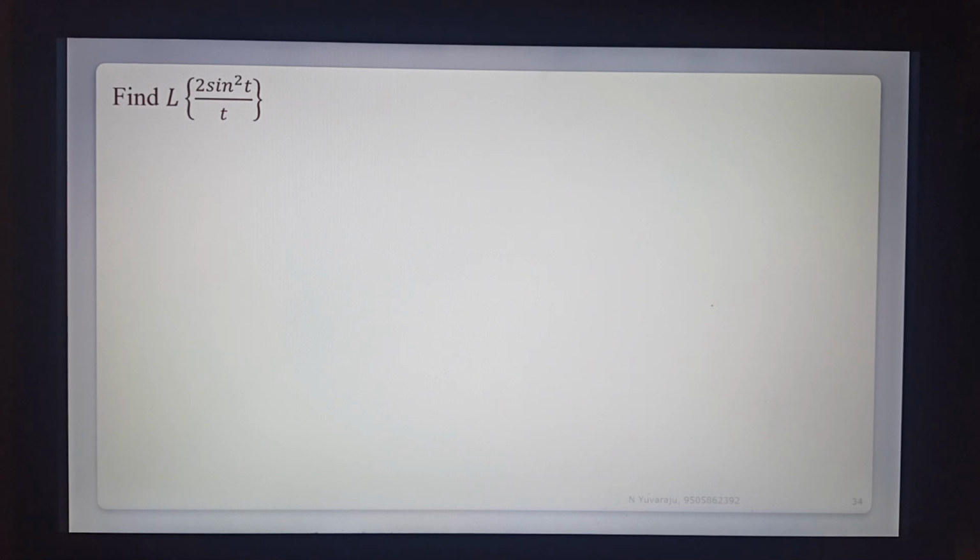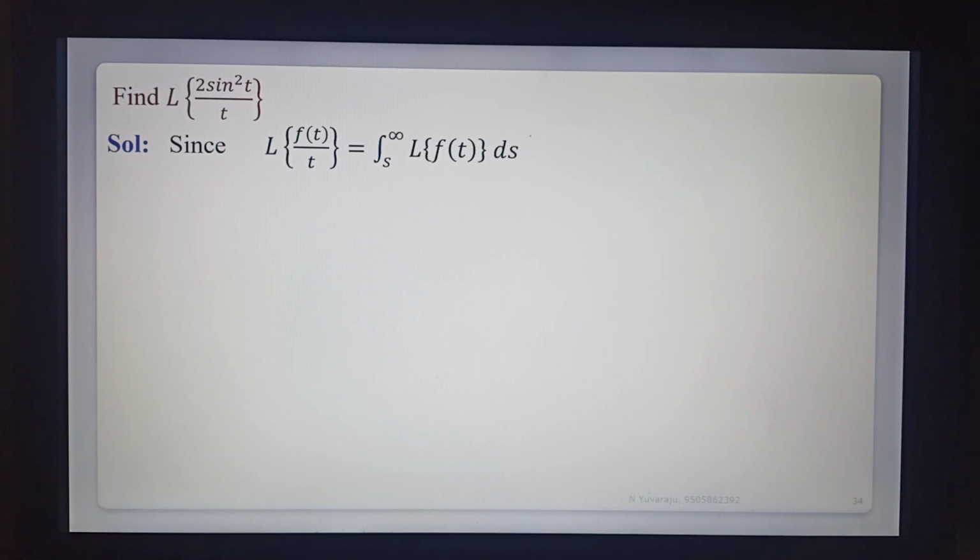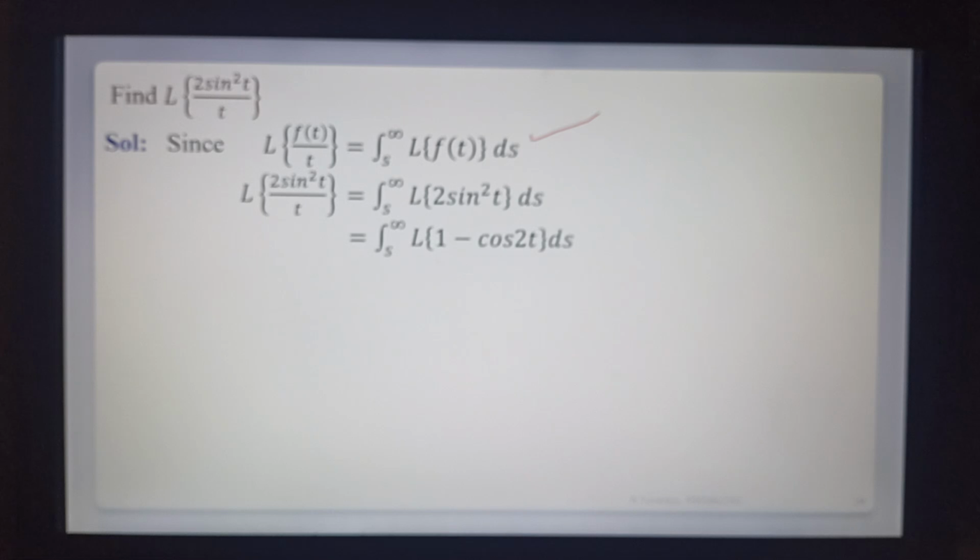So next one: find the Laplace transformation of 2 sin square t by t. Same formula, f of t by t. Since L of f of t by t is equal to the formula, substituting f of t equal to 2 sin square t, that is the integration from s to infinity of L of 2 sin square t ds.